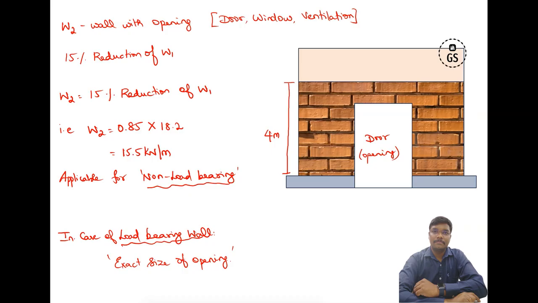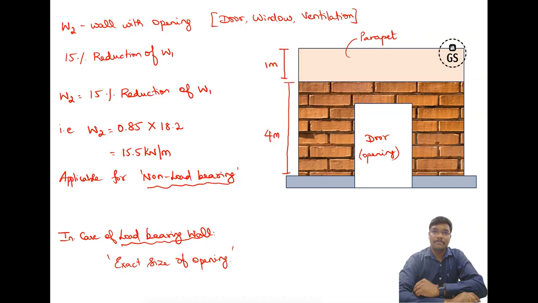Now the next part which you want to know is called a parapet wall. So here is the parapet at the terrace level. Let us assume this parapet wall to be 1 meter. So we need to calculate the same way.